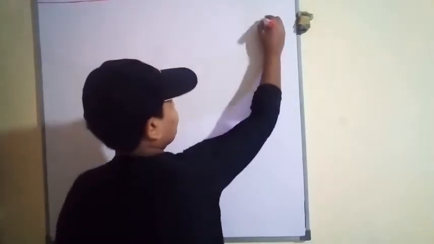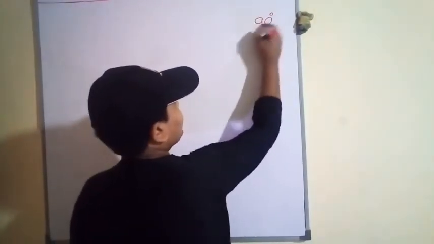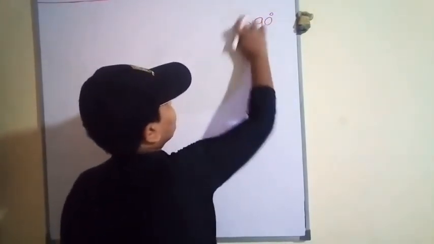Now, what is the next topic? Complementary angles and supplementary angles. Complementary angles are pairs of acute angles, less than 90 degrees.